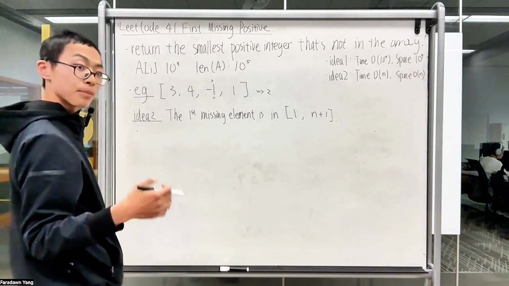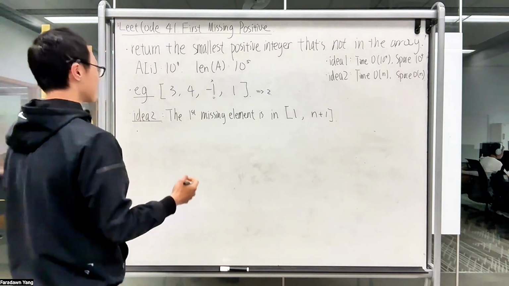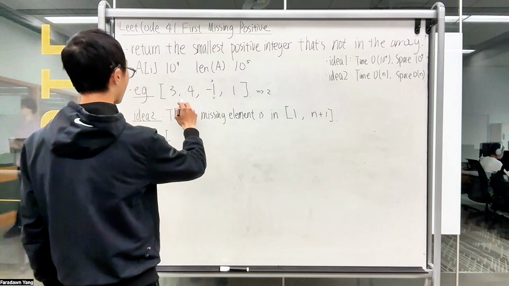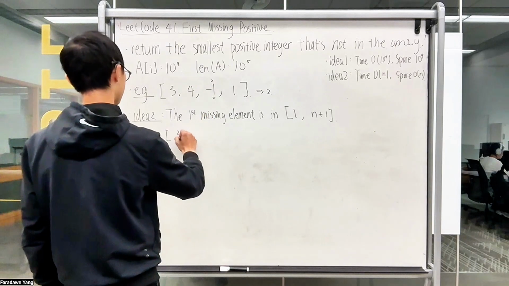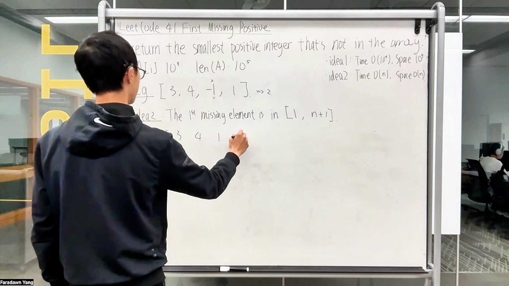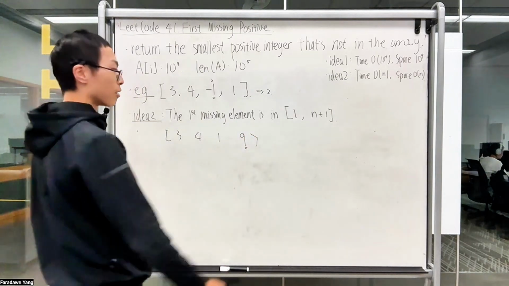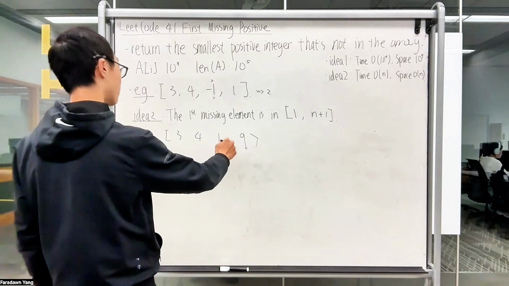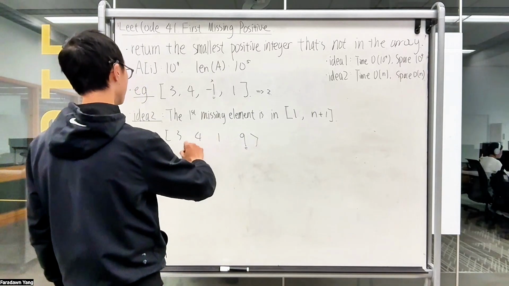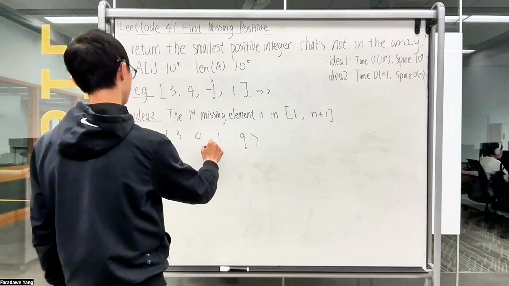So if there is a missing element, it must be in this range, right? For example, if we have 4 elements, such as 3, 4, -1, and 9, 9 is outside of this n plus 1 range. So the first missing element must be within 1 to 4, which is 2.